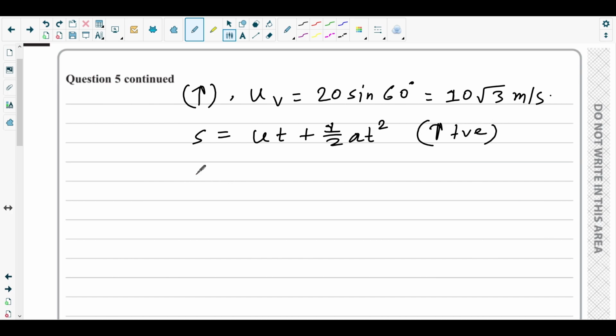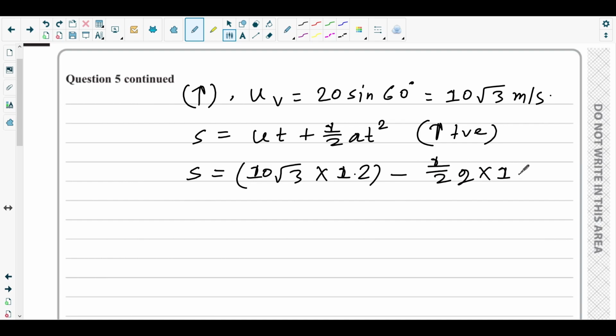So the vertical displacement is 10 square root of 3 times 1.2, that is ut, minus half of 9.8 times t squared, 1.2 squared.